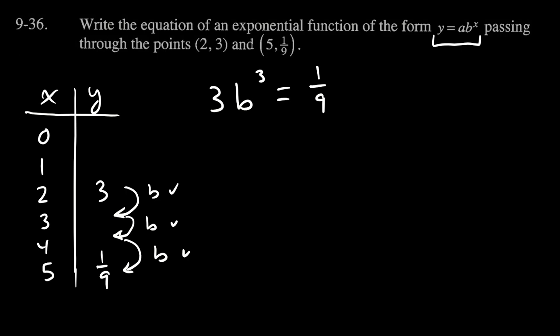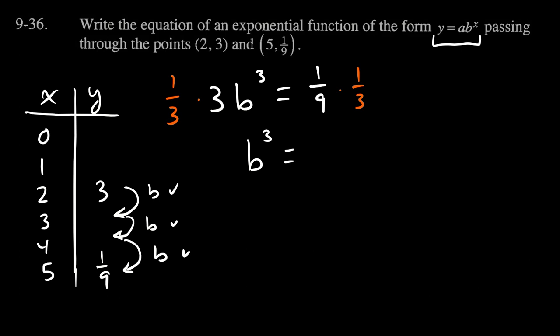So if we solve this, let's go ahead and multiply both sides by 1/3. I can divide by 3 also, but multiplying by 1/3 puts this number in the denominator over here quickly. They're equivalent to each other, but I see it more clearly here. On the left-hand side, we're left with just b to the 3rd power.